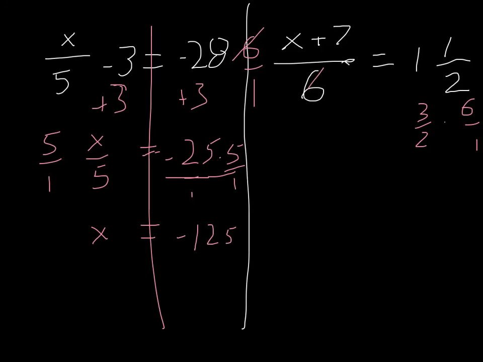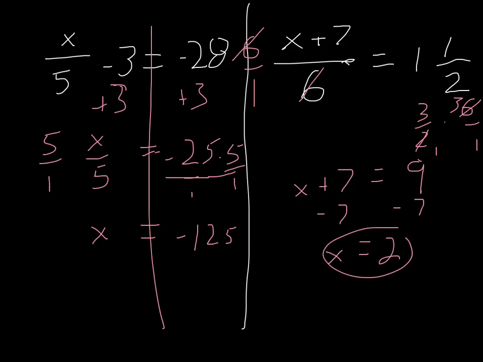So these 6's cancel, and I'm left with x plus 7, and then that equals, I can cancel this 1 and 3, so that's 9 over 1, or 9. And now I can undo this plus 7 by subtracting 7, and I get the answer of x equals positive 2.